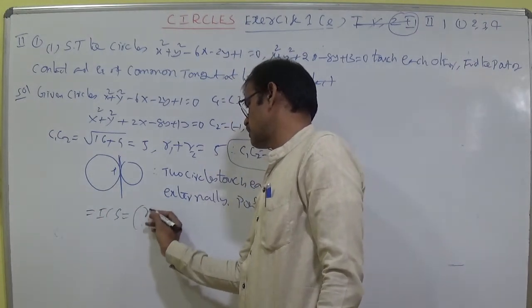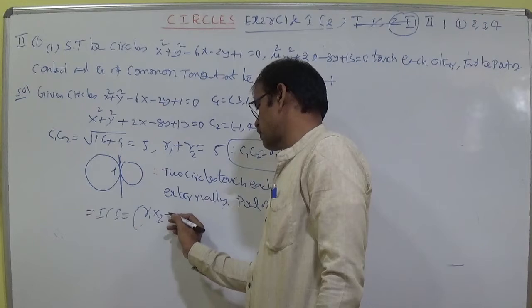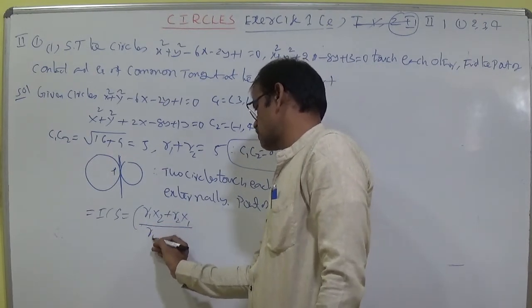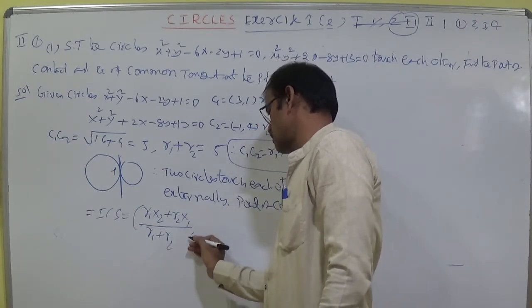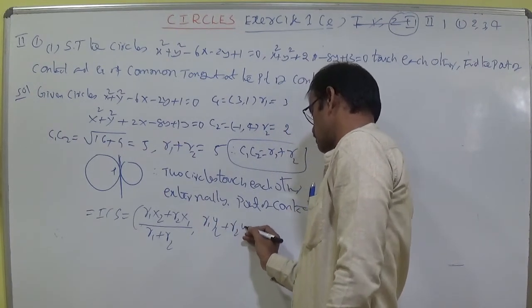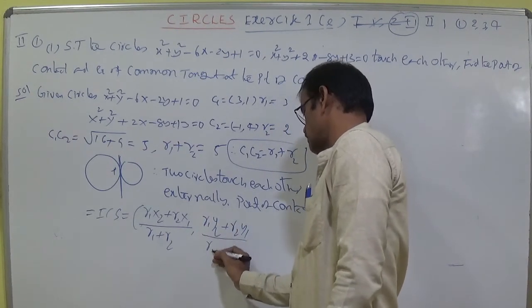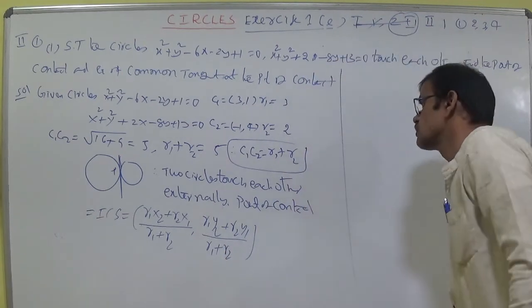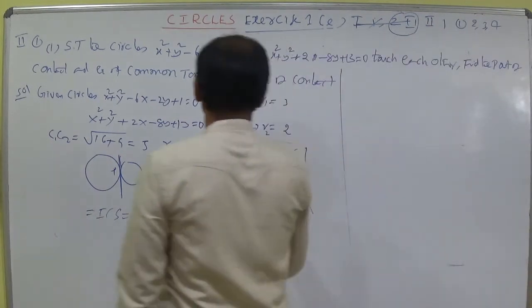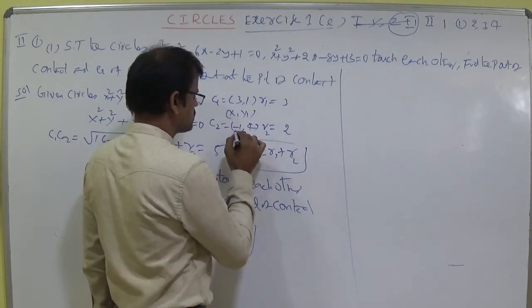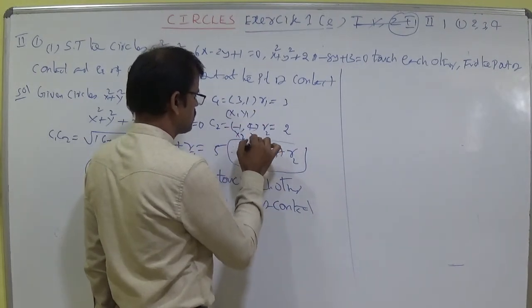ICS formula I am writing: (R1x2 plus R2x1) by (R1 plus R2), comma (R1y2 plus R2y1) by (R1 plus R2). Here x1, y1 means the center C1 and x2, y2 means the center C2.